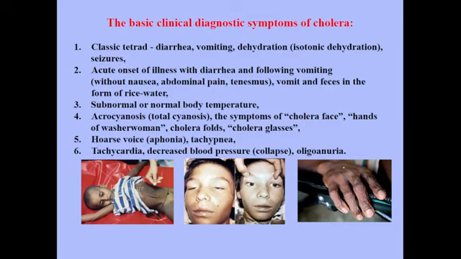Vomit and feces have the form of rice water, subnormal or normal body temperature, acrocyanosis or total cyanosis. The symptoms of the cholera algid phase: hands of a washerwoman, cholera folds, cholera glasses, hoarse voice or aphonia, tachypnea, tachycardia, decreased blood pressure, collapse, and oliguria.